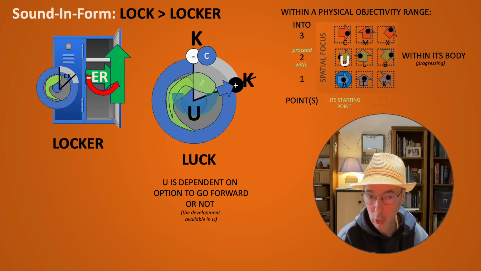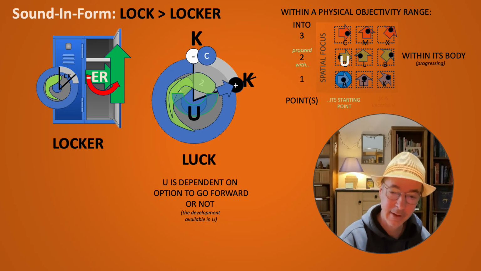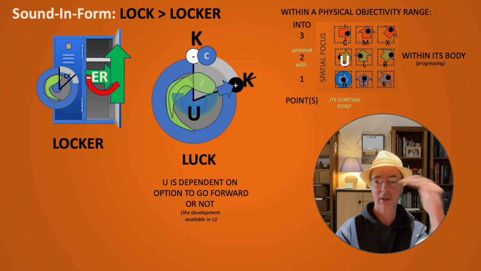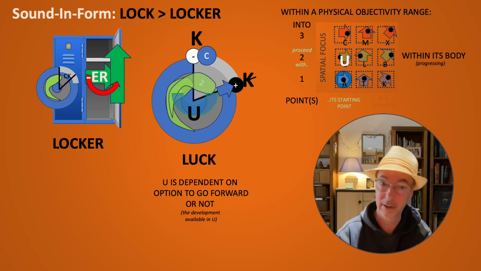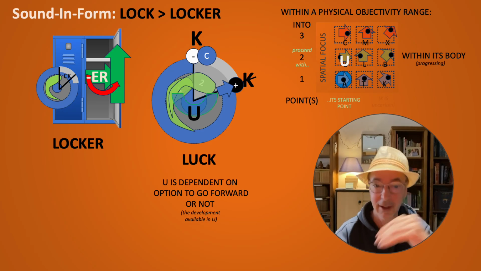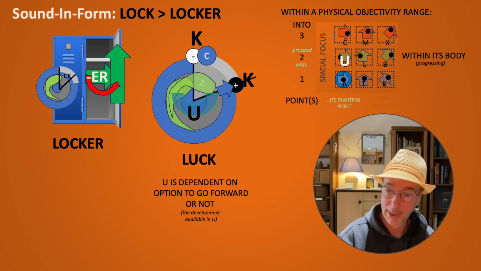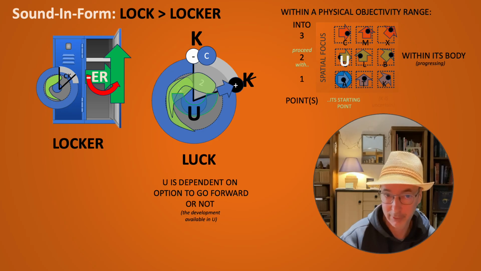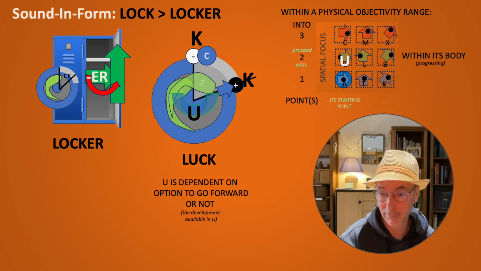The vowel U is always a reference to something which is still in development. So if you have this L form which can choose between L and going to K, and K to some choice or another, by a dependency on the U, it will be dependent what it will be as an outcome. So these options between the K in negative or the K in positive will not be clear.